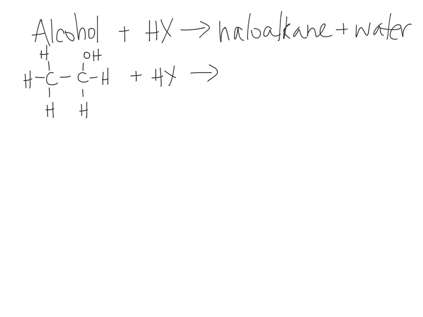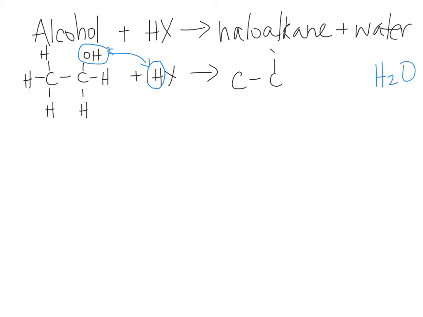So what happens here, let's take ethanol as an example. If you react ethanol with a hydrogen halide, you end up substituting this OH group with the halogen, and the H from the hydrogen halide joins with the hydroxyl group and forms your water molecule.